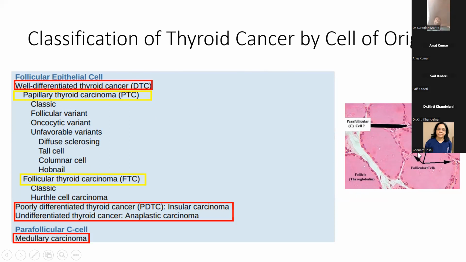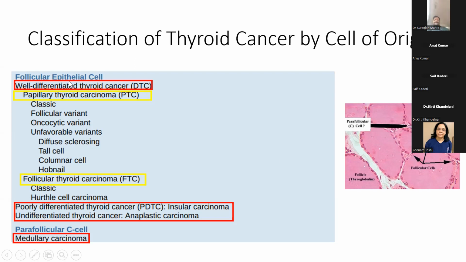And we have follicular cells, which are lined by a single layer of cuboidal epithelium, and that is where the thyroid cancers arise from when we talk about follicular epithelial cells. And we have the parafollicular C cells from where the medullary cancers arise.